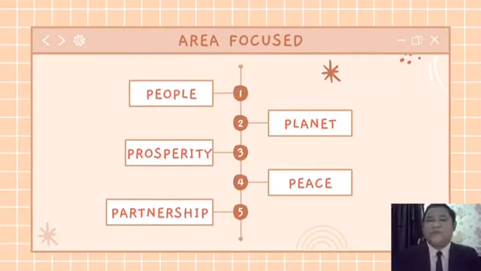Afterwards, the third area of focus is prosperity, in which the agenda aims to allow all human beings to enjoy prosperous and fulfilling lives where economic, social, and technological progress all occur in harmony with nature.